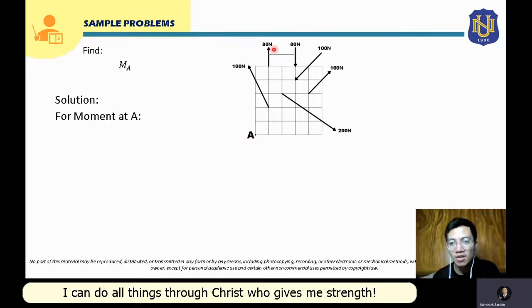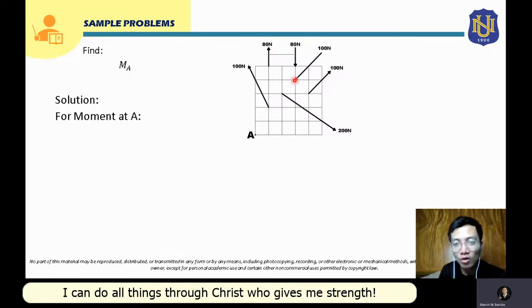So this couple we can directly include in our summation for moment about point A. The concept of a couple will be useful here, in that we don't need to solve for the moment of these two forces individually. We can just solve the magnitude of its couple and the direction, and include it directly in the summation of moment.